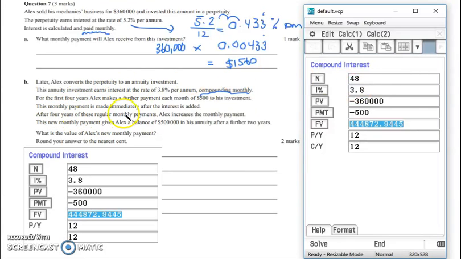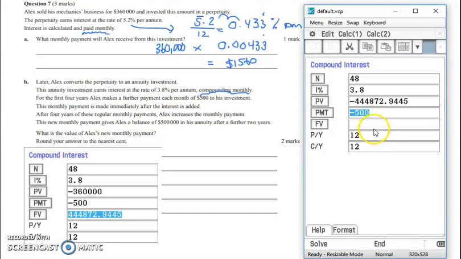So after this 4 years of regular payments, Alex increases his monthly payment. So whenever we have a final value and we change some part of the investment, that will become our new starting value on our next part. However, the money is in the bank. It's not in our pocket yet, so that becomes a negative.